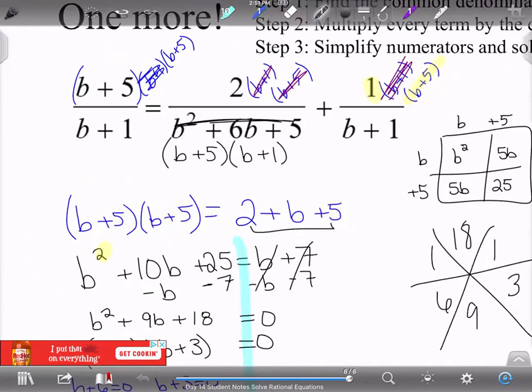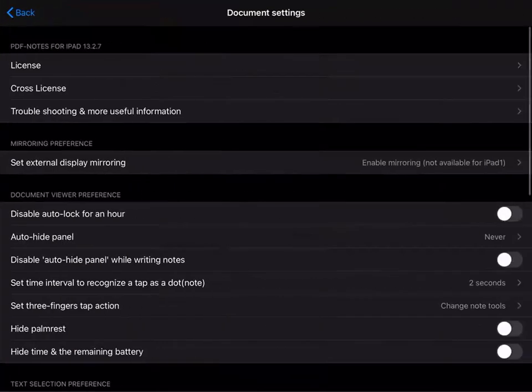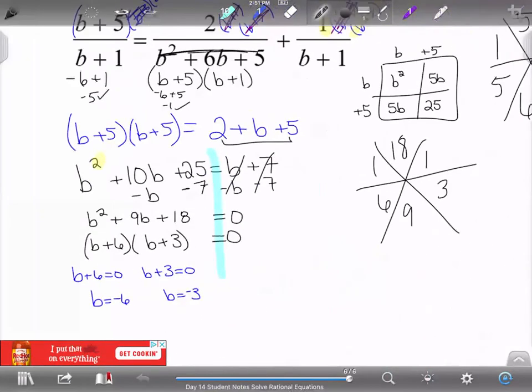So the b plus 1, if I plug in -6, it would be -6 plus 1. That's going to give us -5. That's okay. As long as it's not 0, it's okay. Same thing's true if we plug it in over here. -6 plus 5 is going to give us -1. That's also okay. And then we know the rest of the problem just repeats the b plus 1. We've already checked it once. So we know that -6 is a solution.